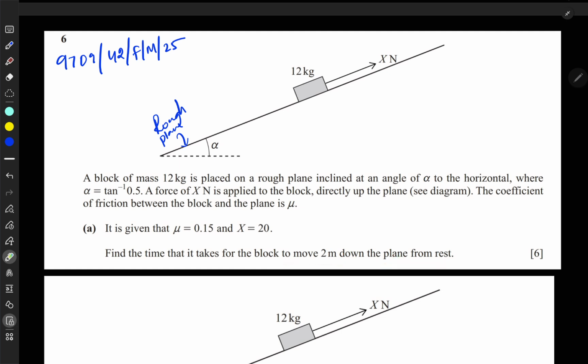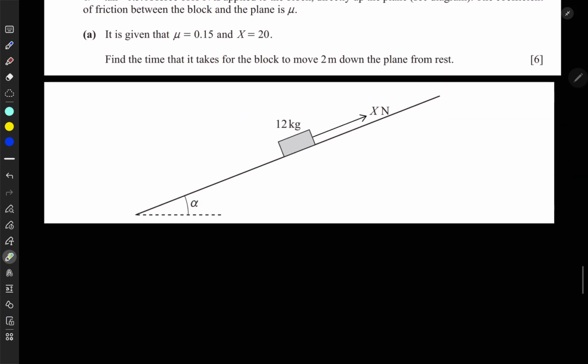plane from rest. I have copied the diagram alone to draw a free body diagram. So let's do this. This is the 12 kg block. The weight will be acting downwards.